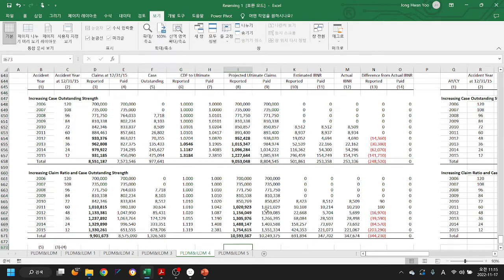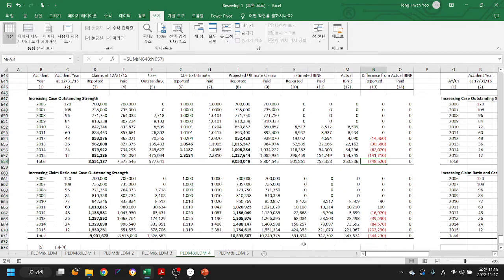So when I look at the increasing claim ratio alone, it won't change anything, right? Between PLDM and ILDM, the estimated IBNR amount is the same, and that is also the same as the actual IBNR. But right now, the case outstanding strengthening increases the case outstanding for certain years. That's going to produce a pretty significant amount. Now that the increasing claim ratio is combined with the case outstanding strengthening, it has a leverage effect, right?